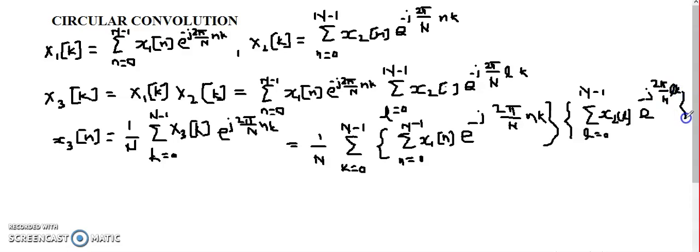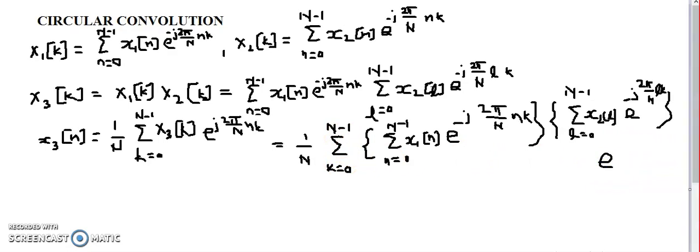Okay, this will be this, and of course, because this is x3, with this summation comes the expression e raised to power j 2 pi by N into km.